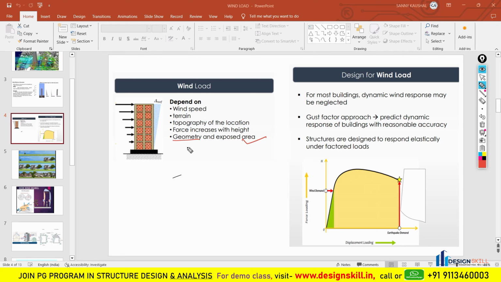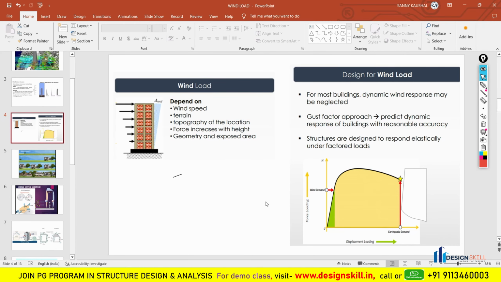On the basis of the geometry, your wind load depends. Also the exposed area of your structure, the width of the structure. Generally width is the exposed area. On the basis of the exposed area, the wind load will also be affected in your design. Now I think you are very aware of the factors which affect the wind load.